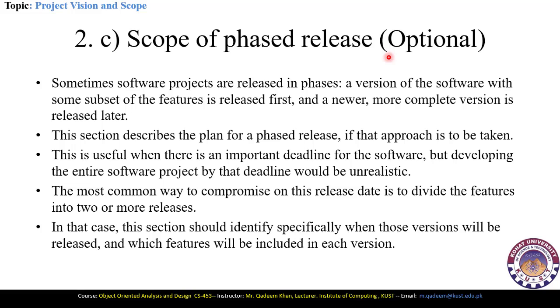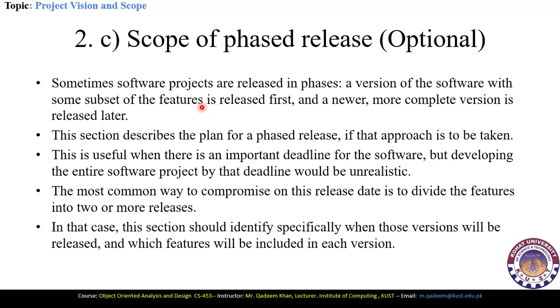Sometimes software projects are released in different phases. The version of the software with some subset of the features is released first, and then the newer and more complete version is released later. So here already released features will be listed, and we will define all these features in this section.